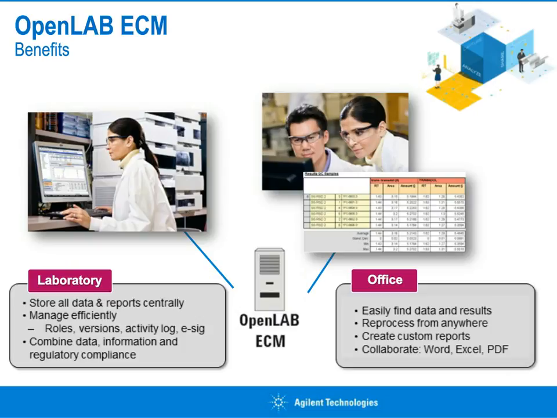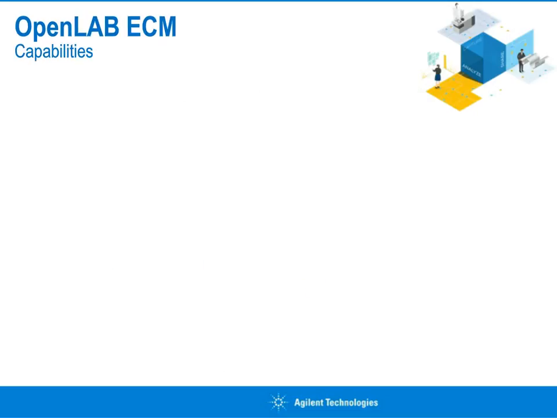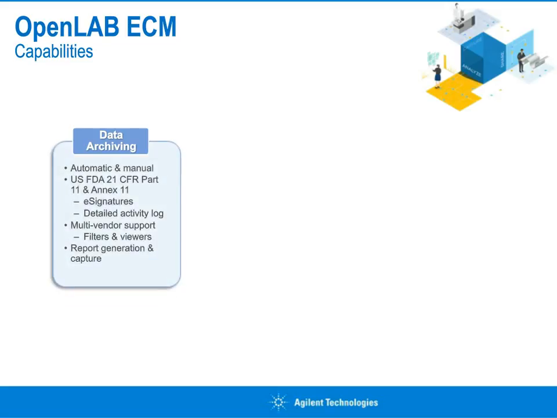Now let's have a look at the capabilities of OpenLab ECM. Data archiving is the foundation. OpenLab ECM has automatic and manual means for collecting and storing data into the central repository. Note that analytical data collection from non-Agilent data systems is supported.